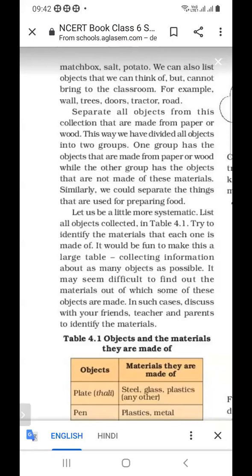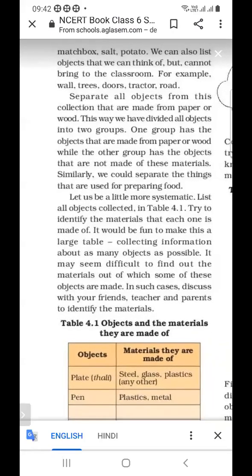So one group has the objects that are made from paper or wood, while the other group has the objects that are not made of these materials.